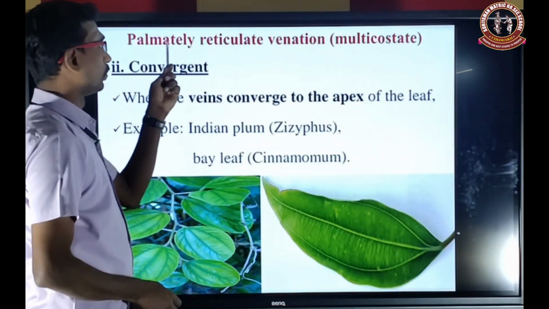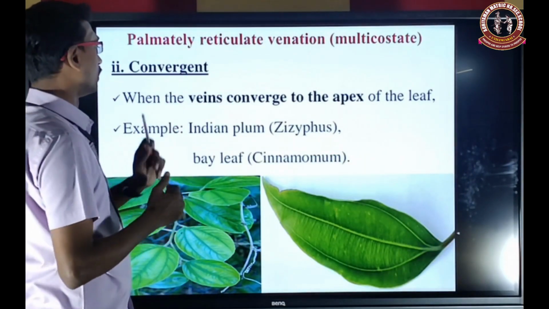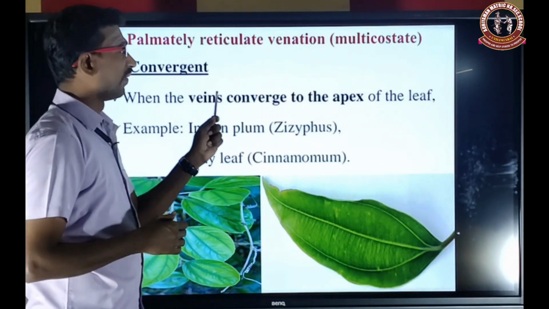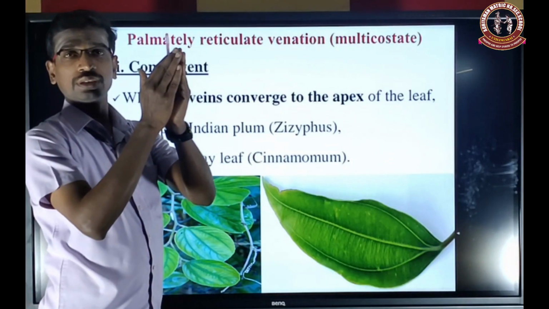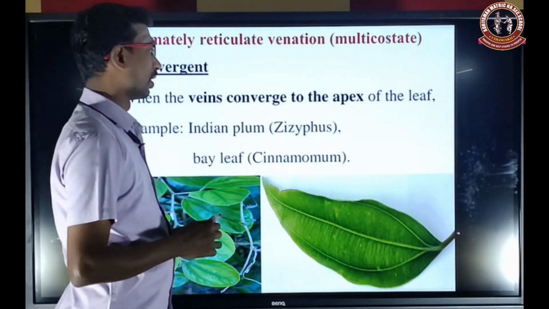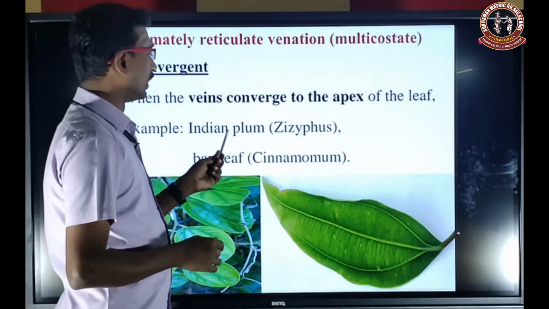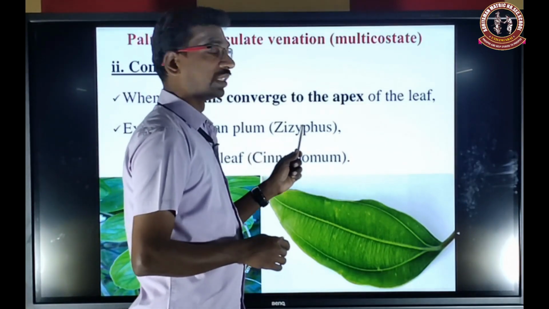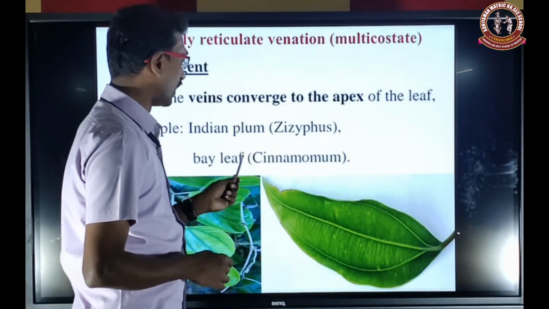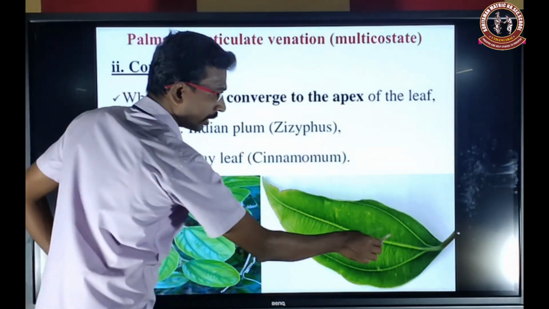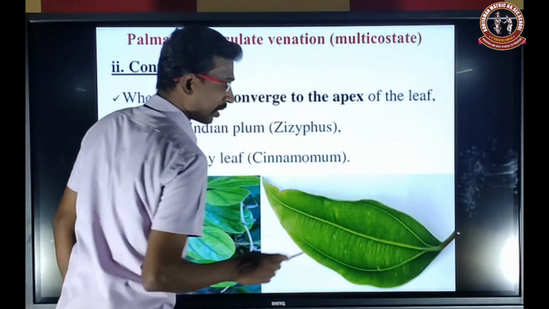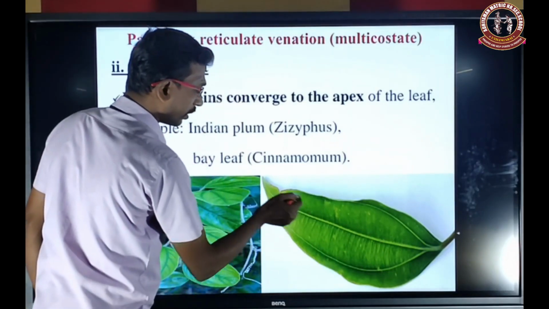Convergent is the second type of palmately reticulate venation. When the veins converge to the apex, they meet in the apex region of the leaf. Examples are the Indian plant jujube, and bay leaf, that is Cinnamomum. Here many veins arise from the central point, but all meet at the apex region.